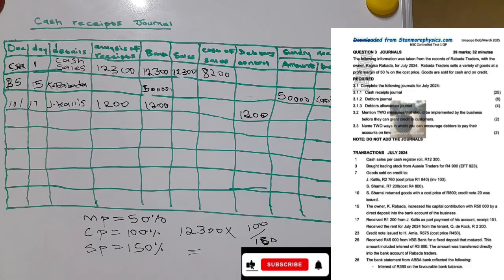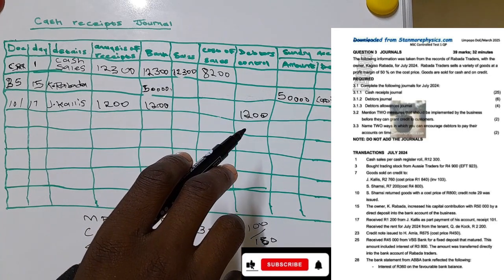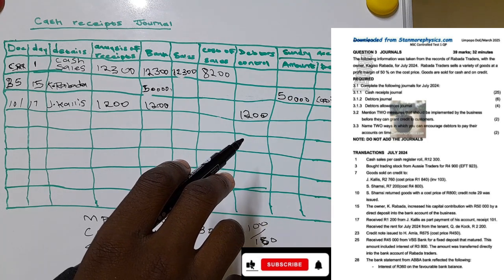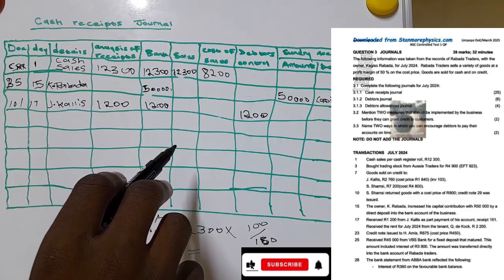Okay, before we go to that one, we skipped another transaction by mistake. We are making a lot of mistakes in this video. If you can check day 17, there is this transaction.